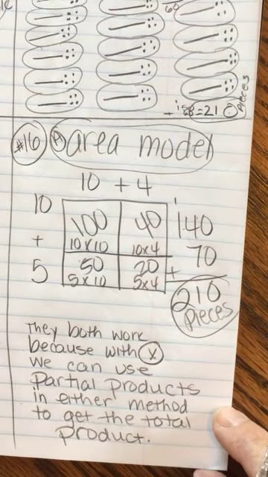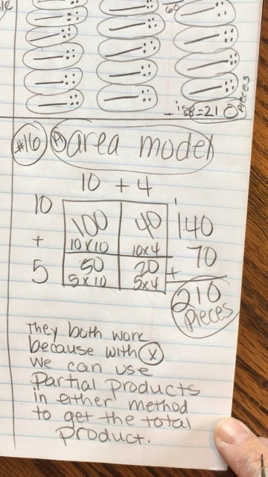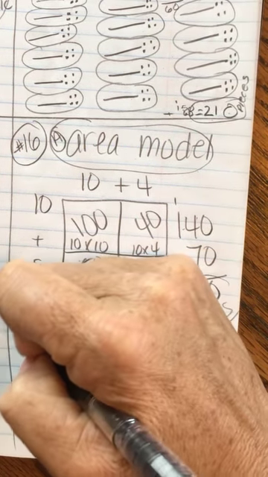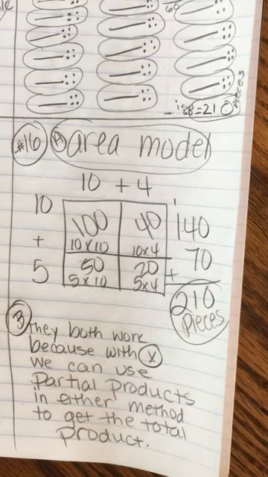Ooh, ran out of room. There you go. They both work because with multiplication we can use partial products in either method to get the total product. There's your explanation. And so this would be B in 16.